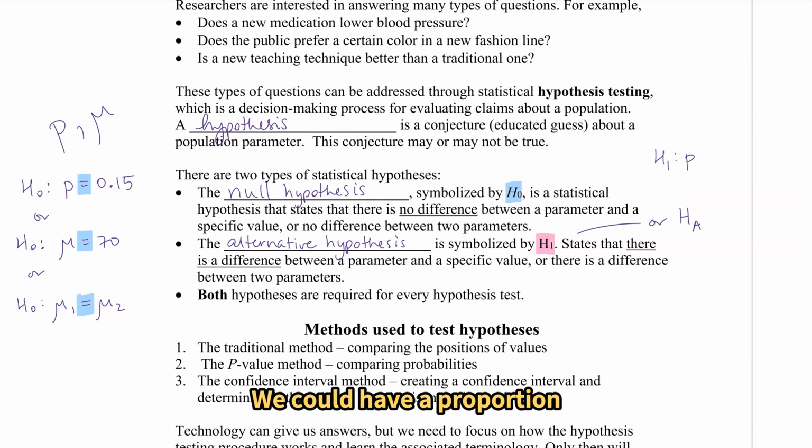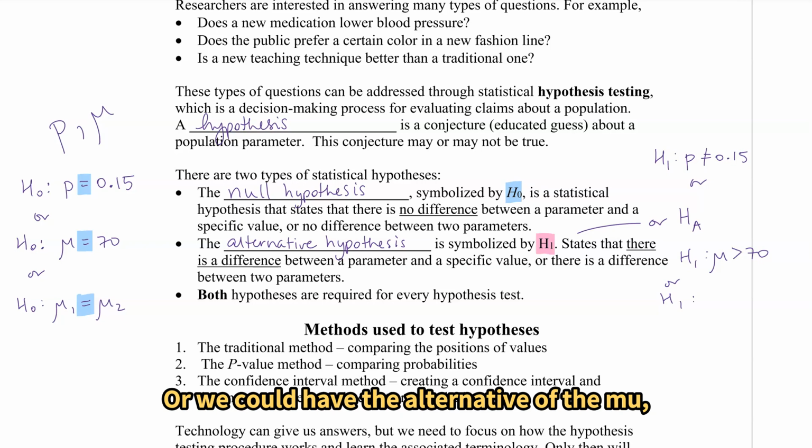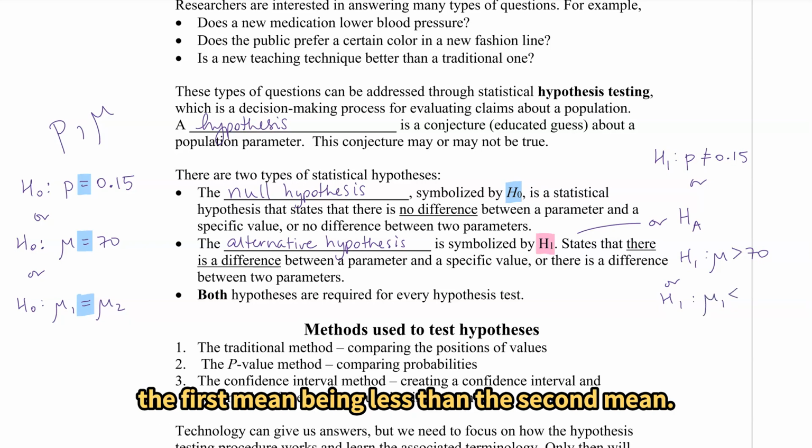We could have a proportion not equal to 0.15. We could have the mean greater than 70, for example. Or we could have the alternative of the first mean being less than the second mean.